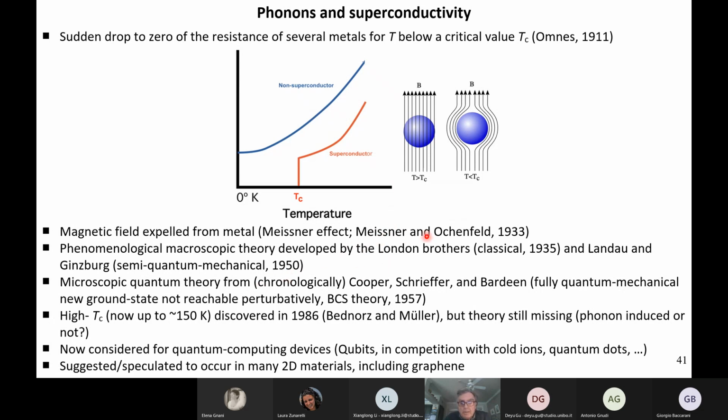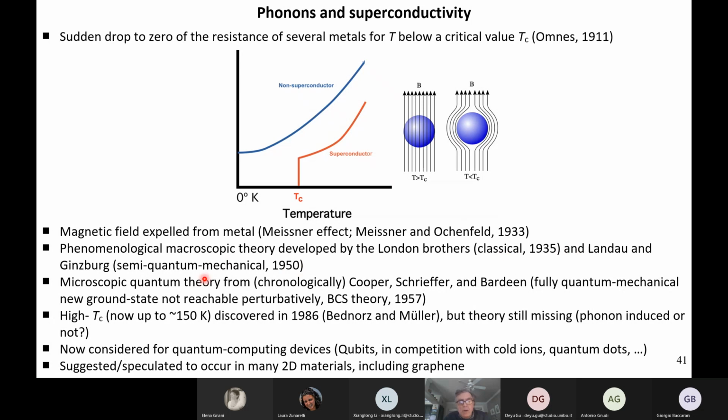The theory had to wait for quite a bit. From 1911, when it was discovered, there were some phenomenological theories developed mainly by the London brothers using classical electromagnetism. It was not an explanation of superconductivity. It was essentially an electrodynamic analysis of the consequences of having a superconductor, how it behaves.